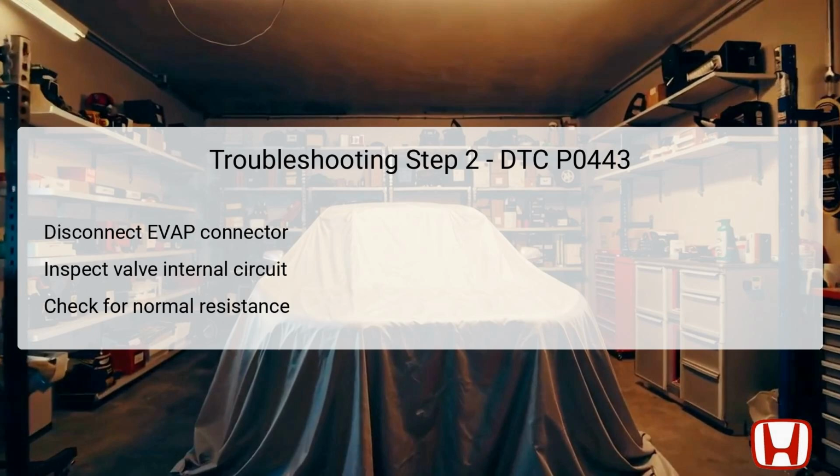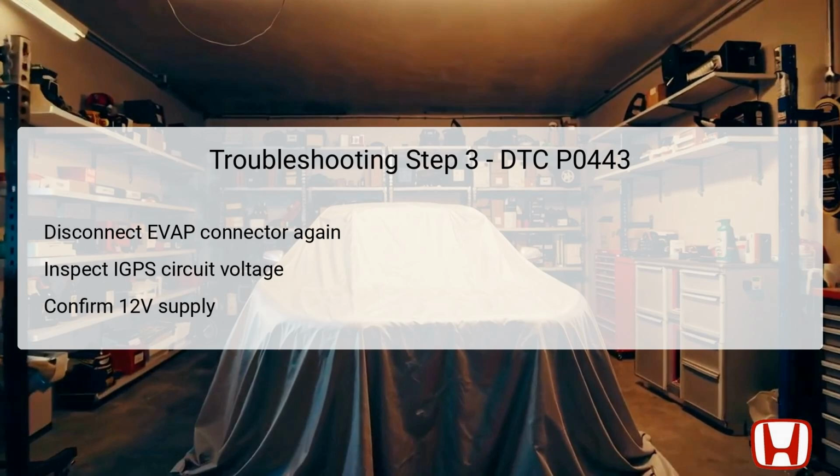This measurement is critical. It verifies whether the valve's internal circuitry is operating properly. If the resistance deviates significantly from this range, it indicates that the valve may be defective and could require replacement. Therefore, conducting this test carefully and accurately will help in determining whether the Evap Canister Purge valve is at fault or if further investigation is necessary.